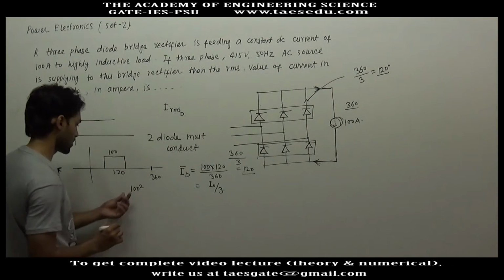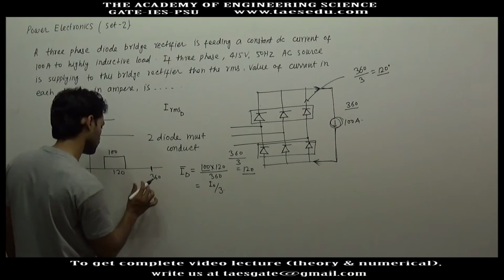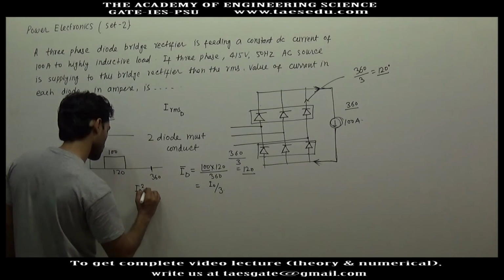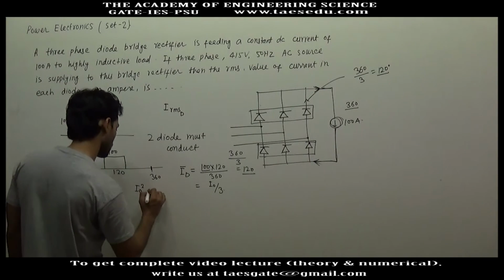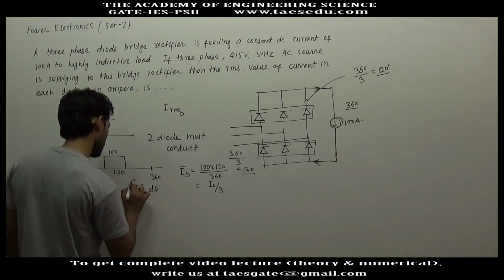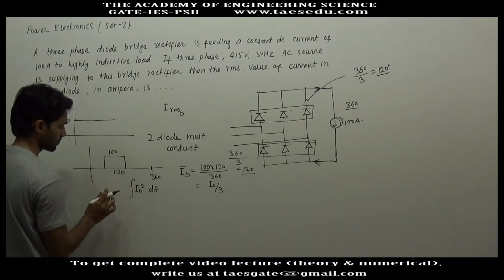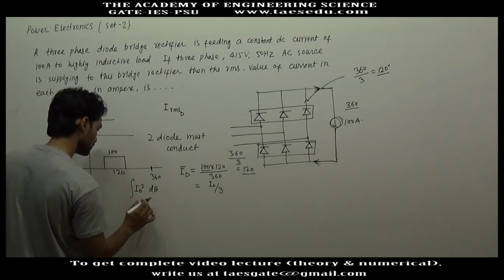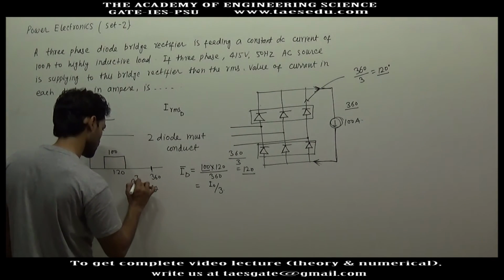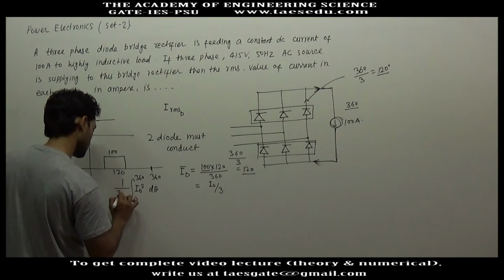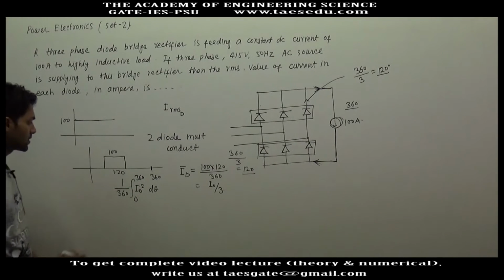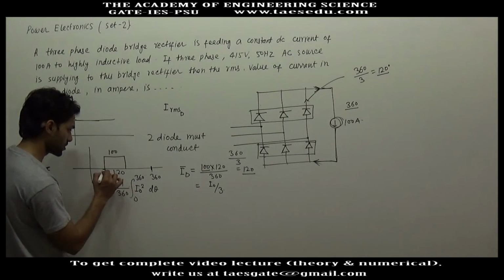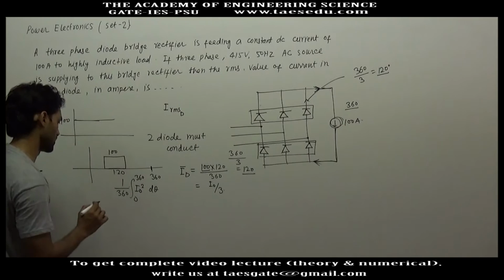first take the square of the value: I naught square d theta from 0 to 360 degree divided by 360 degree. But in the span of 0 to 360 degree, this value I naught has non-zero value only for 120 degree.